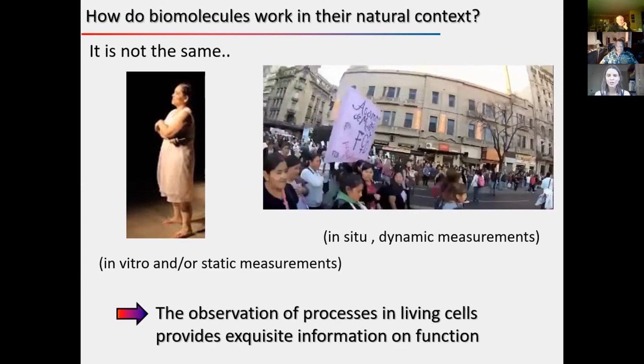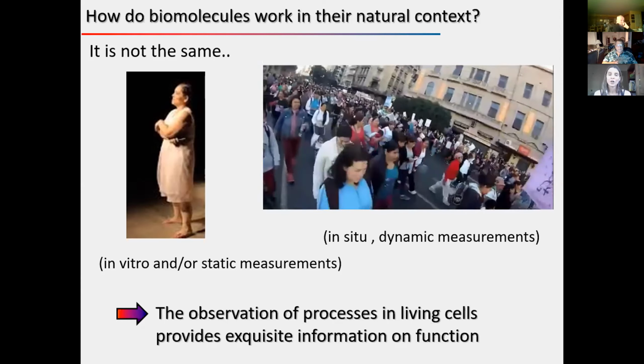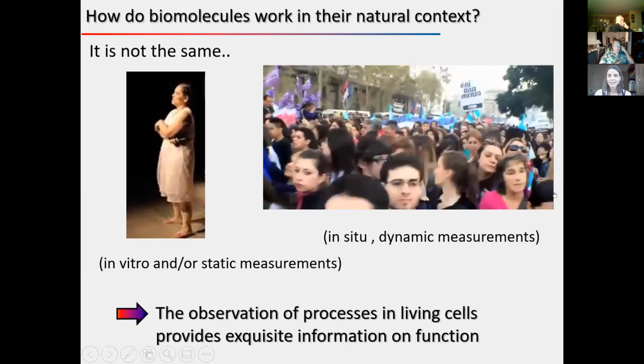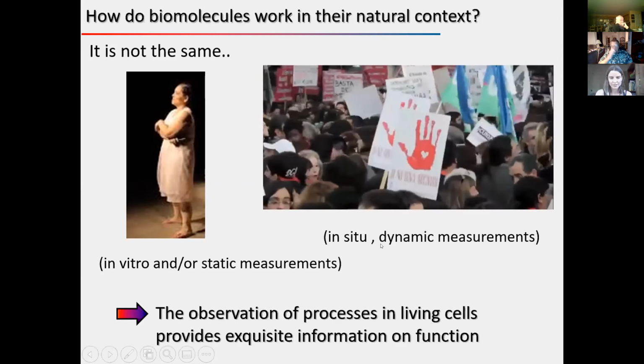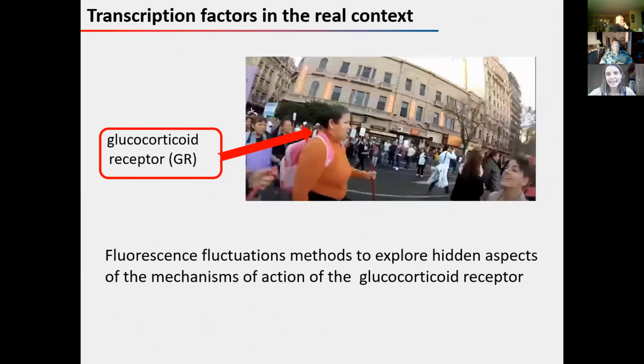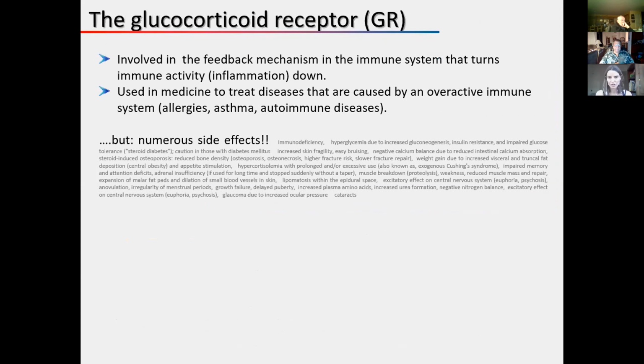So the idea of most of the techniques you have learned in this course is learning how this city is organized in the real context. So in the experiments I will show you, the woman will be the glucocorticoid receptor, and we will be using a combination of many techniques to understand these hidden aspects of the mechanism of action.